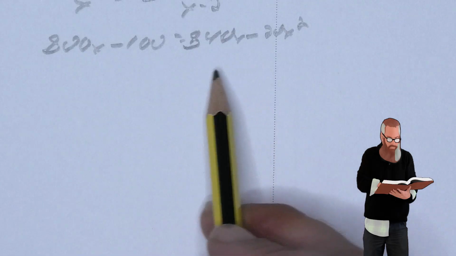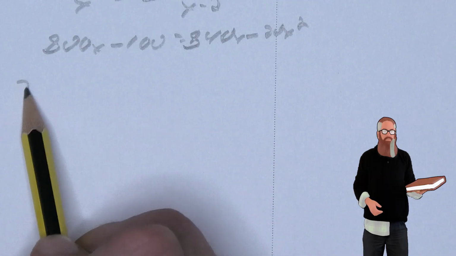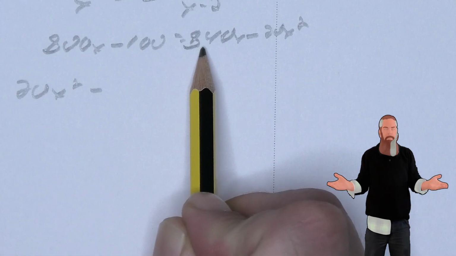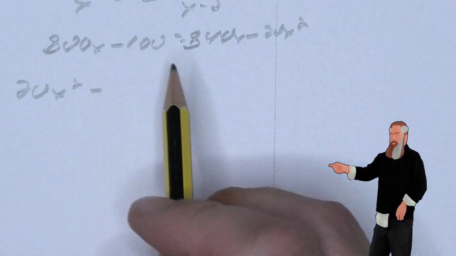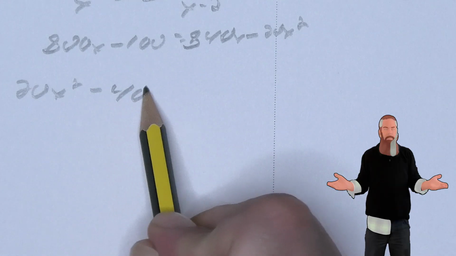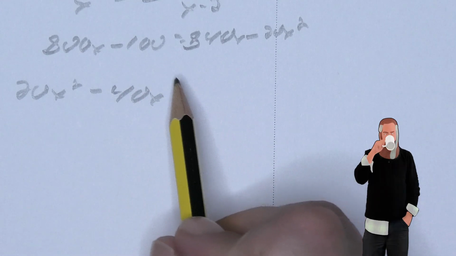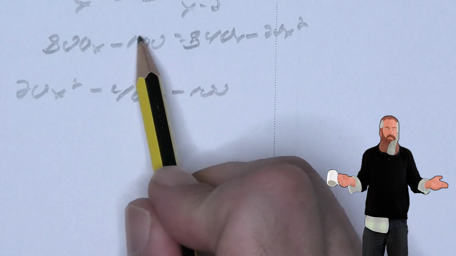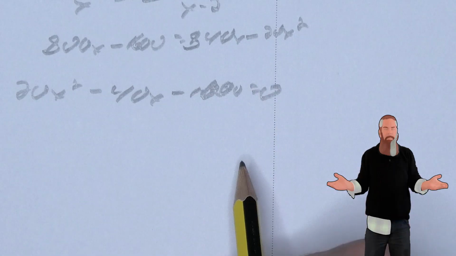Let's move all of this to the same side of the equal sign so that we can have 20x squared minus, now 840 minus 800 is going to give us a negative 40x. And then I have my minus 1600, and that's equal to 0.